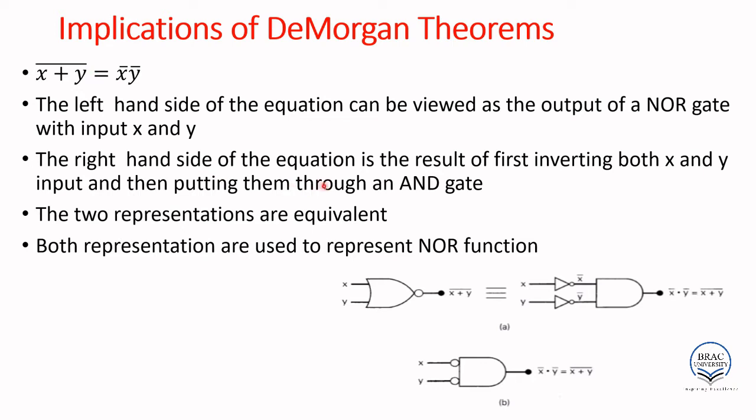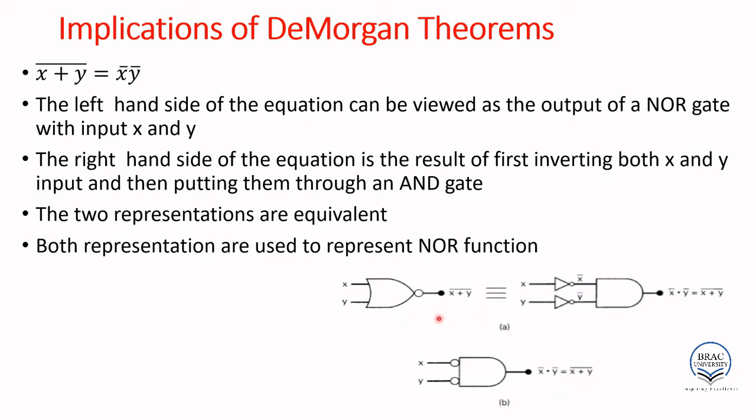The right hand side of the equation is the result of first inverting both x and y inputs and then putting them through an AND gate. So this is x inverted, y inverted, then put together using an AND gate. If x and y are our inputs, the output will be x prime dot y prime, which is basically (x plus y) whole prime.